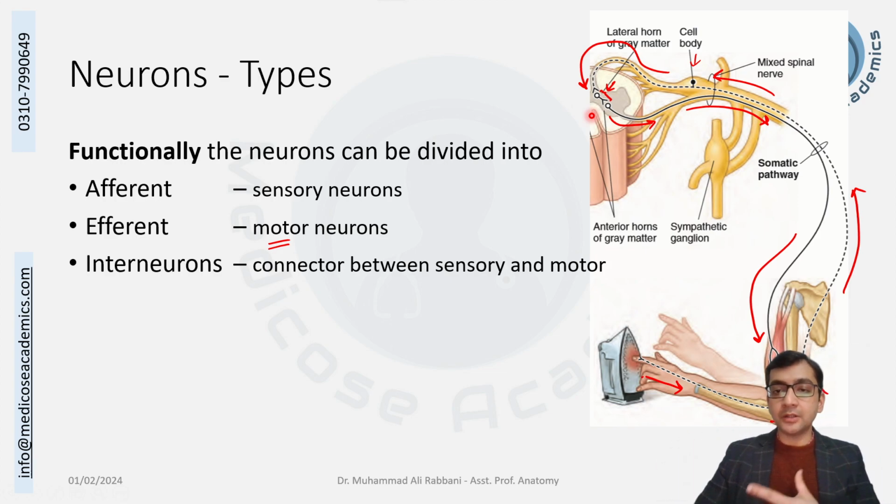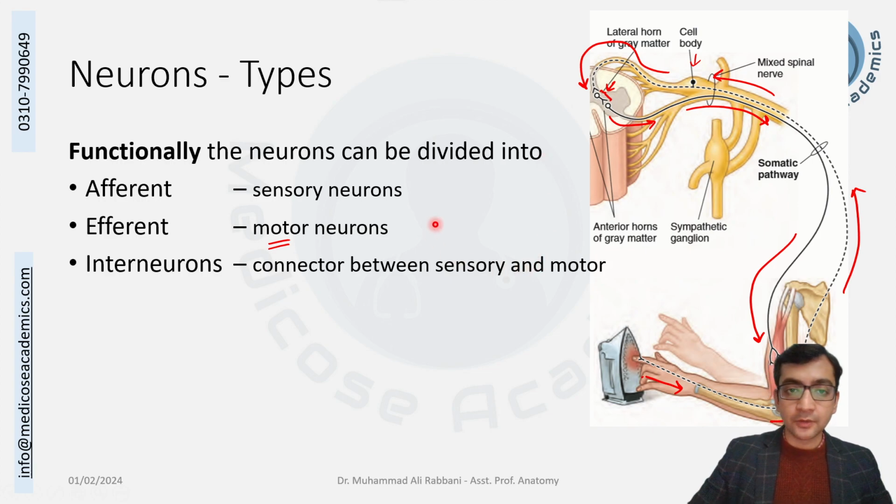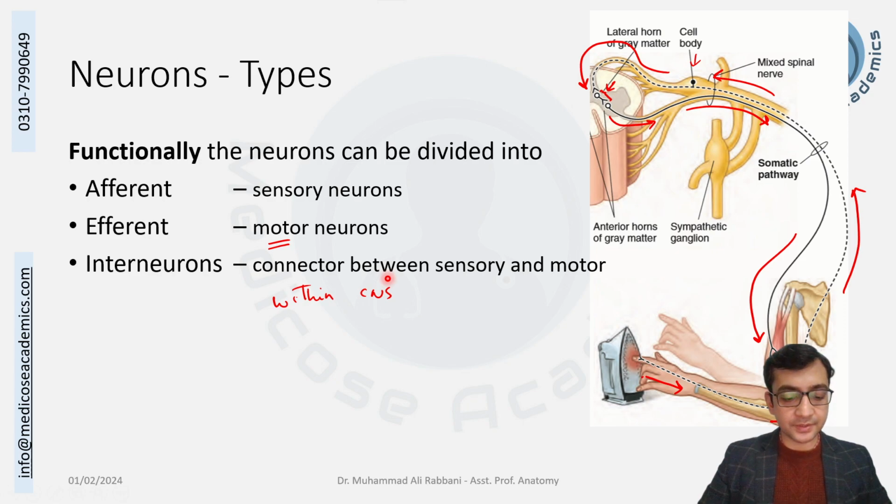But ultimately all these neurons are responding to the afferent neurons and giving signals to the efferent neurons. So these are the interneurons that are present between these two, within the central nervous system. So these are the different neuron types.